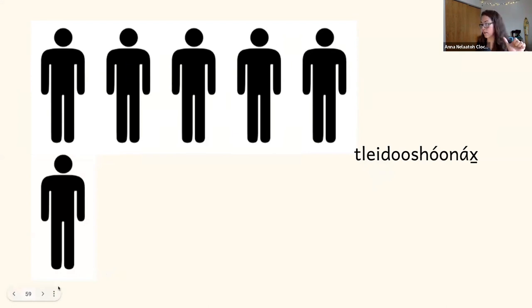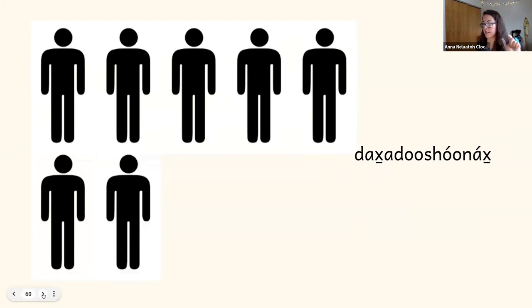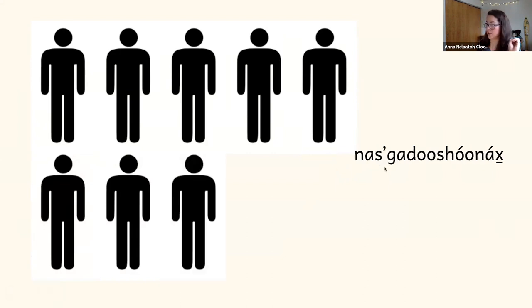So Tle Dushunach is 6, Dachadushunach is 7, but after 5, you have 2. So that Dachadushu kind of reminds you of Deich. And Neskadushu kind of reminds you of 3, that Nesk. Does that make sense?